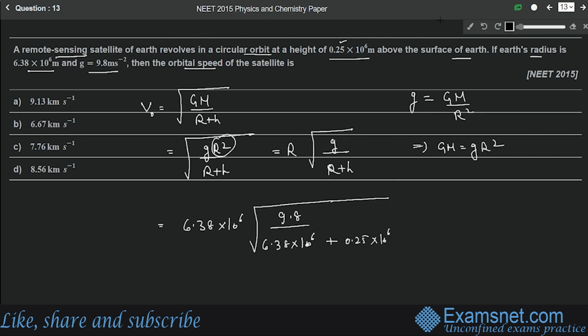Now this calculation is going to be quite lengthy, but you have to do this, and when you solve it, you will get approximately 7.76 × 10^3 meter per second. In the options you have kilometer per second, so in place of 7.76 × 10^3 you can simply write 7.76 kilometer per second. So this way option C will be the correct answer.